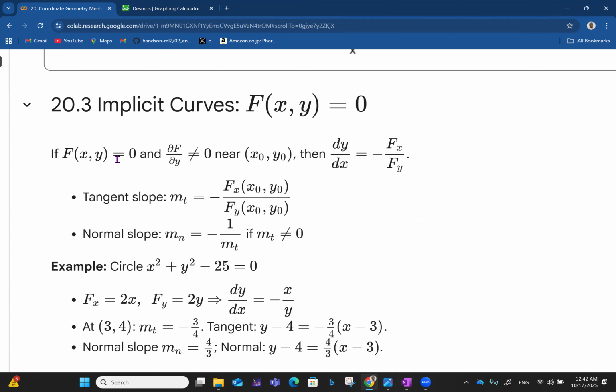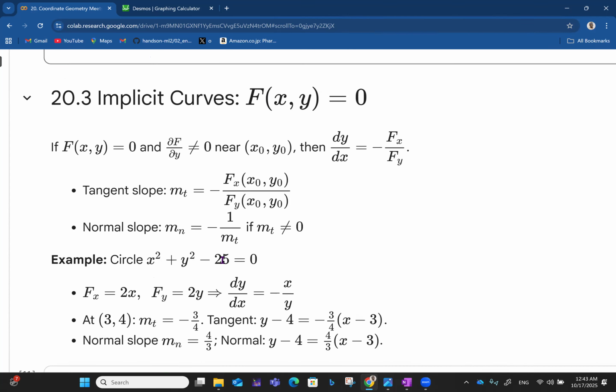With implicit curves, it's difficult to make y explicitly the subject of x. If f of x comma y is equal to 0 and f sub y is not equal to 0, when you differentiate near x naught, y naught, then dy dx will be minus f sub x over f sub y. So the tangent slope is minus f sub x at x naught, y naught, over f sub y at x naught, y naught. The normal slope mn is equal to minus 1 over m t, if m t is not equal to 0.